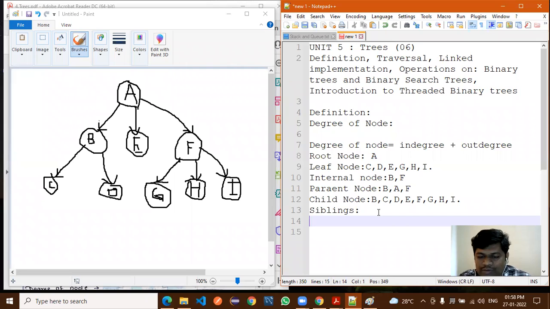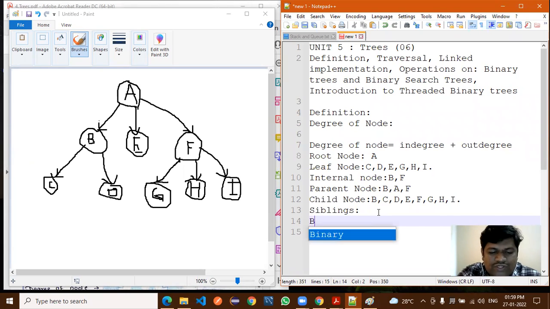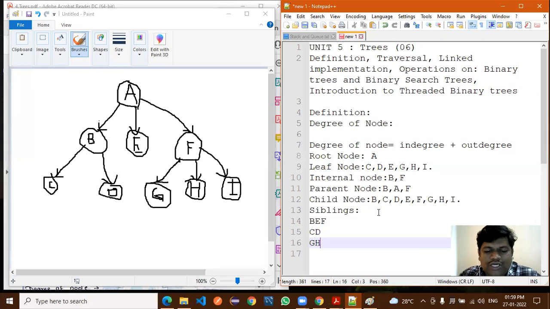Sometimes I'm explaining but not writing on the notepad for a few things, because writing takes more time. That's why I'm skipping the writing part, so in that case you can dictate it in your notebook. Now siblings. How many siblings are there here? First is B, E, F, second is C, D, and third is G, H, I. Got it? Yes, sir.